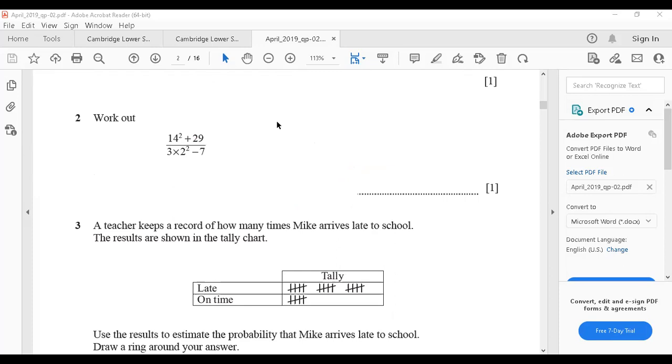Now for number two, he asked me that work out 14 power 2 plus 29 over 3 multiplied by 2 power 2 minus 7. You have two options. You can use your calculator, or otherwise you can deal individual. In numerators and denominators, I will deal with numerators. I have two operations, and عندي operation of addition and the operation of exponent, right? ايه first operation I have to deal with?